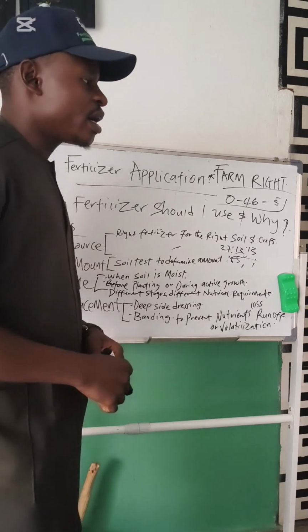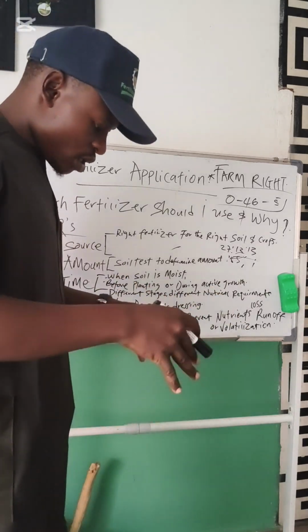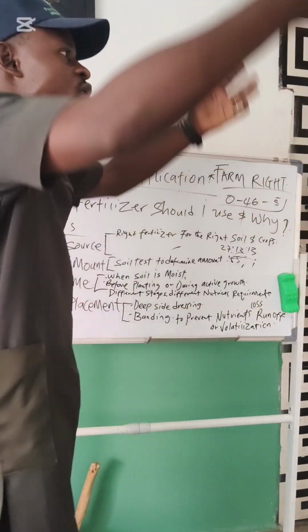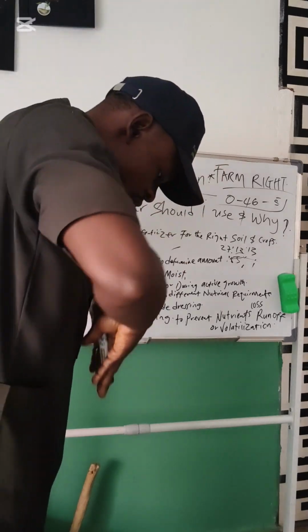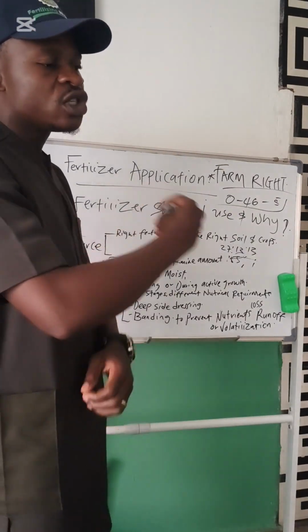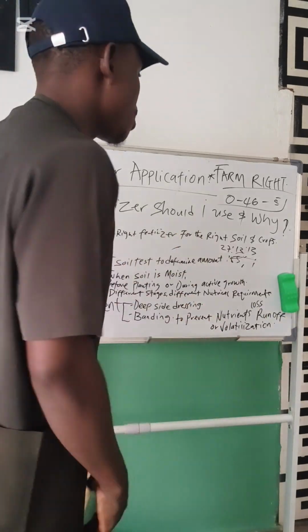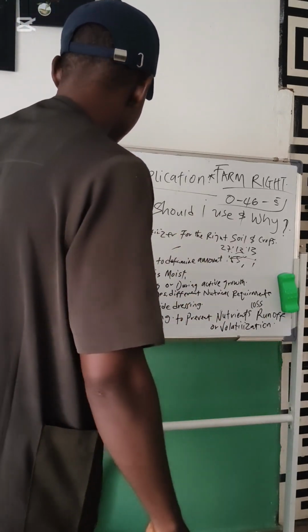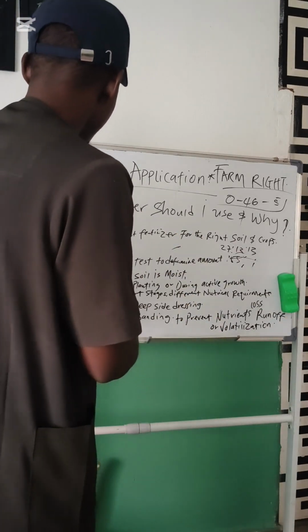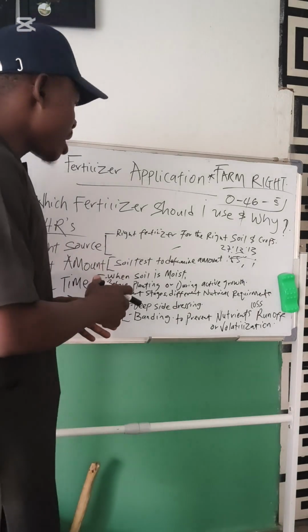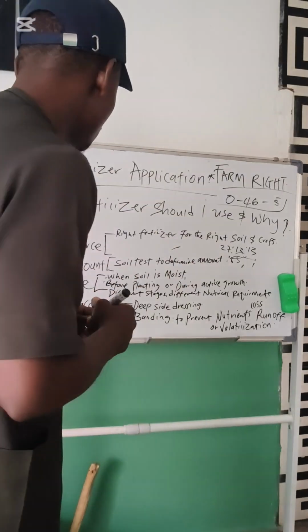They are covered down there and it helps prevent runoff and leaching. It is there in the soil. Once rain falls and it washes down and meets the fertilizer, it will dissolve and it will get distributed through the root of the plant. So these are the major fertilizer application tips that you should know.